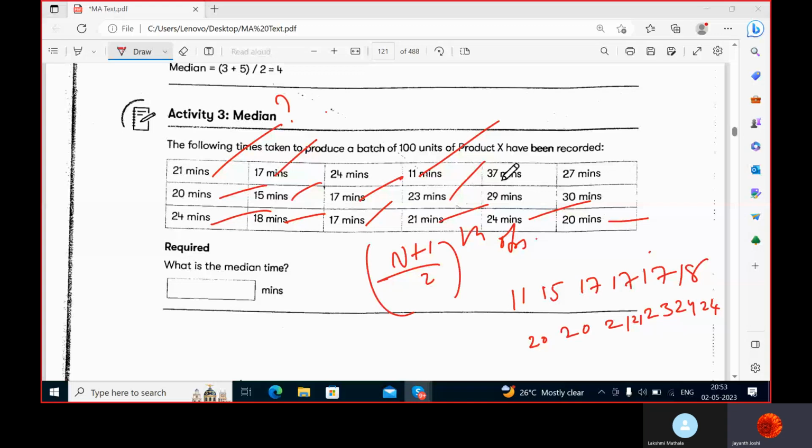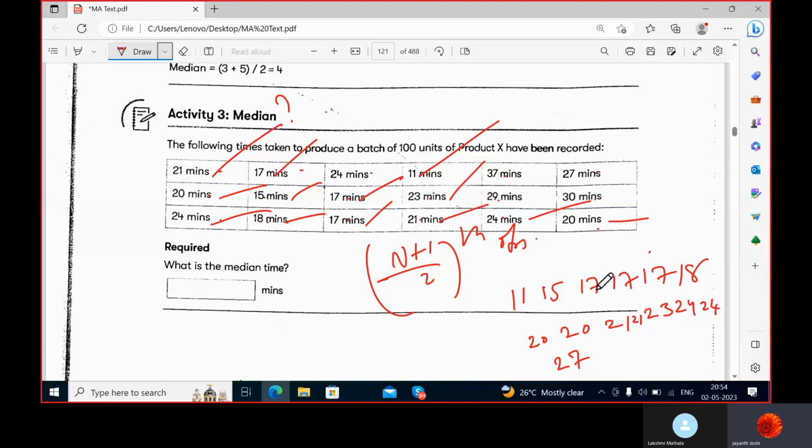The next one. Then 24, and then next one is what actually? 27. Okay, 1, 2, 3, 4, 5, 6, 7, 8, 9, 10, 11, 12, 13, 14, 15, 16, 17, 18.